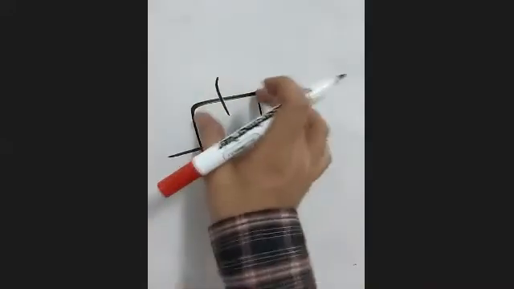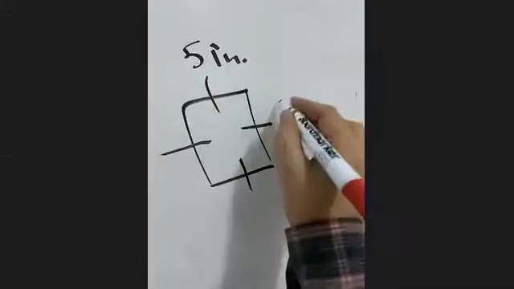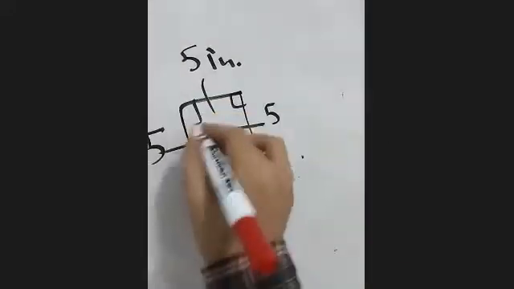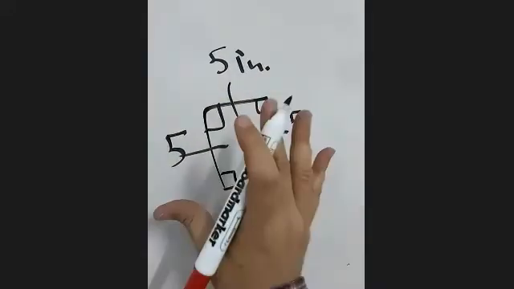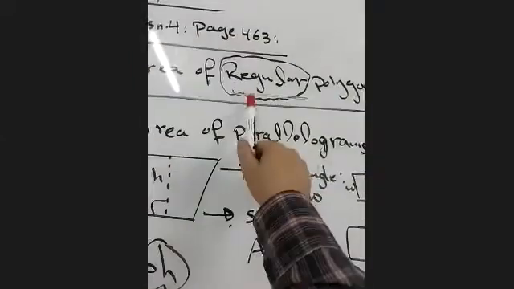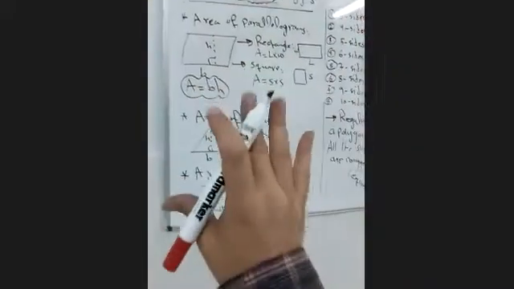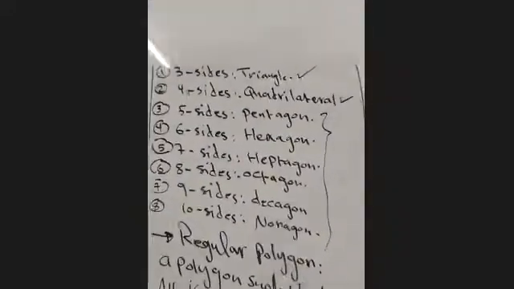If this side is 5 inch, then the others will be 5, 5, 5. And all the angles are right angles. So regular means all sides and all angles are equal. Are these the only polygons we have? No. Look here. We have a lot of polygons.